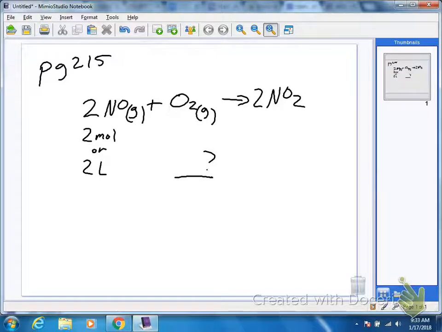How many liters of NO do they say we have in the problem? We have 2 liters in the ratio, the simplest ratio, but how many do we have? 4, right? So we would write 4 liters of NO.